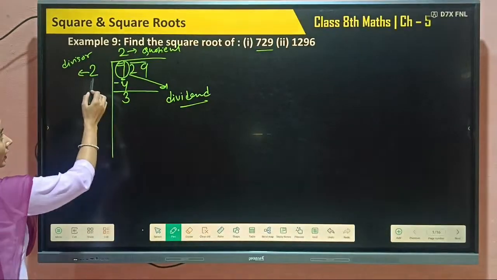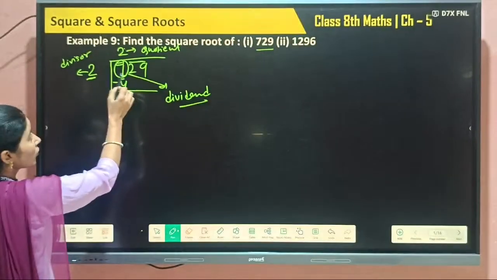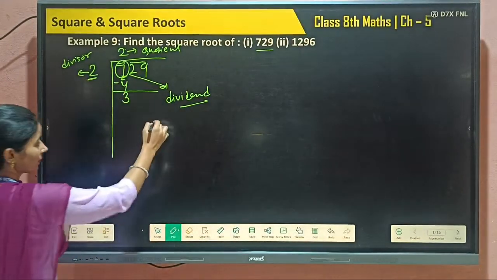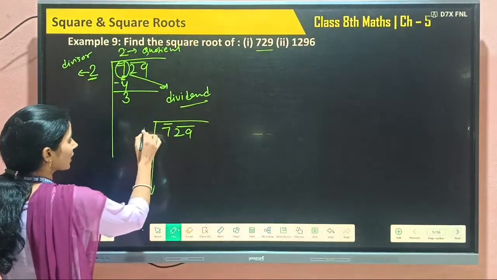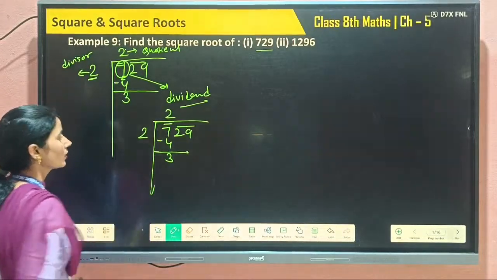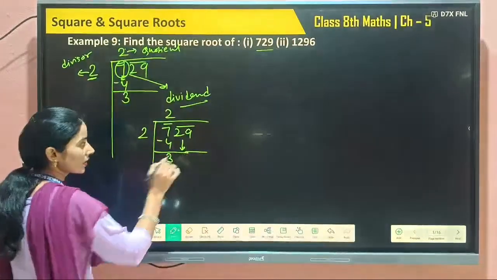Now you need to think of one such number whose square is less than or equal to this 7. So let us do it here, 729. 2 2s are 4. Now subtraction, after subtracting the remainder is 3. Next you have to carry down one pair, not a single digit.